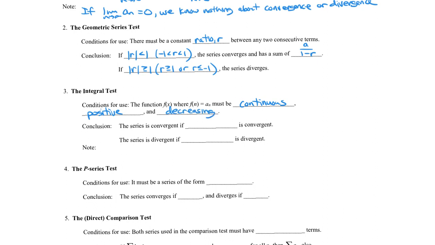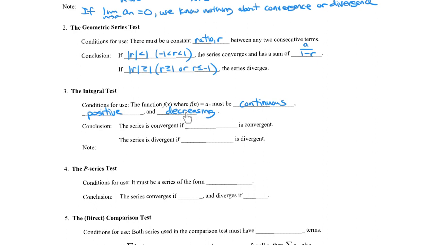Typically to show continuous and positive, you can just tell by eyeballing them, and maybe on your test make a note that you checked it's continuous and it's positive. Decreasing, we typically have to show.